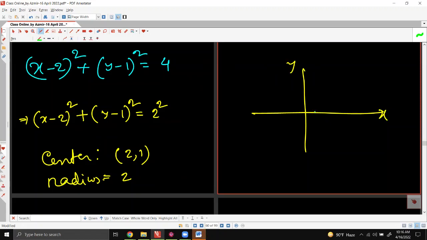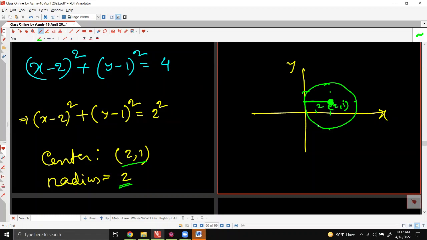The center is at (2, 1), so the point will be here. The radius is 2, so if we take this distance, 1, 2, we can easily draw the graph of the circle. So the radius is 2 and the center is at (2, 1).